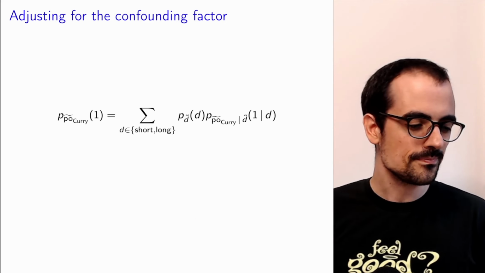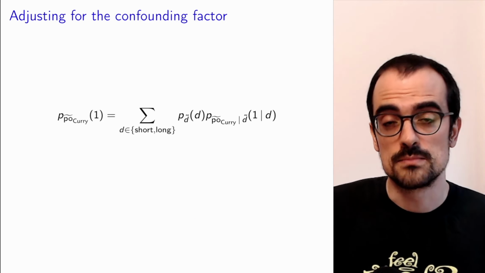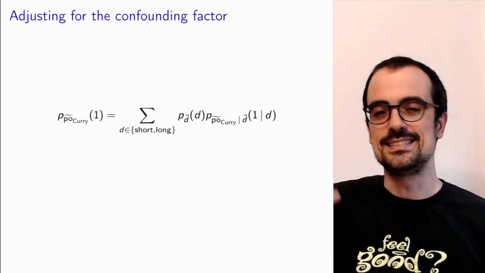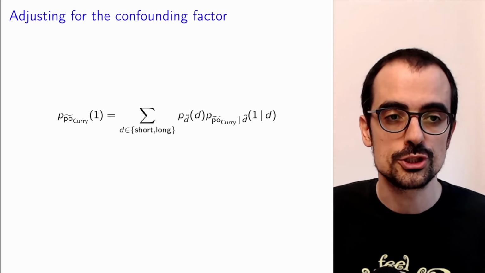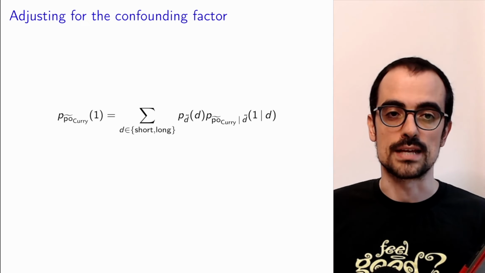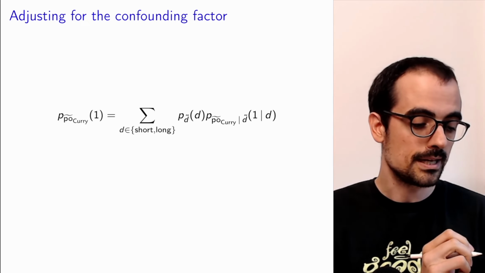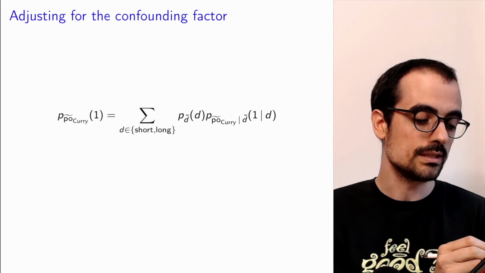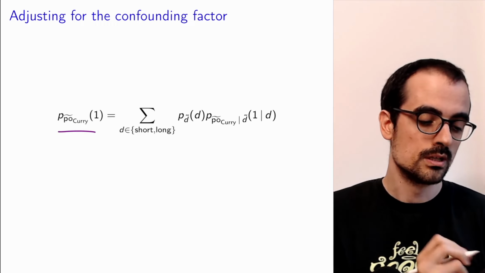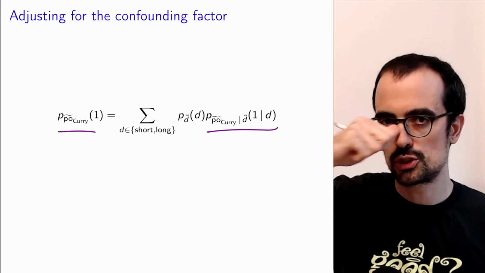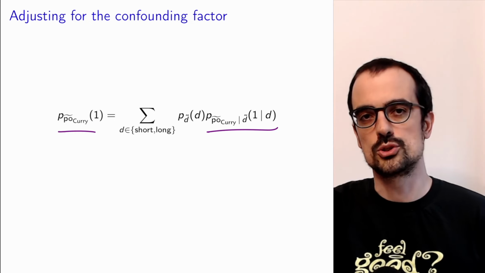Okay. So how can we adjust for it? Now we know that the distance is kind of fooling us into thinking that Lee is the better 3-point shooter. How can we correct for that? Well, what we want is the potential outcome, right? So what we can do is we can say, how does Curry shoot his short threes? How does he shoot his long threes?